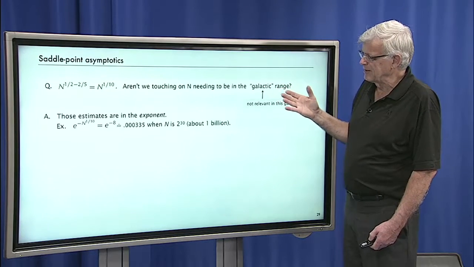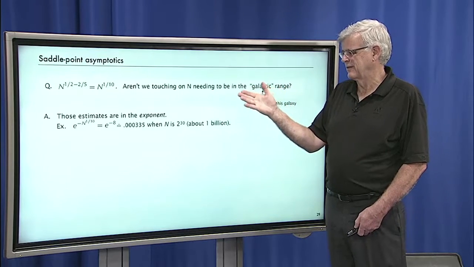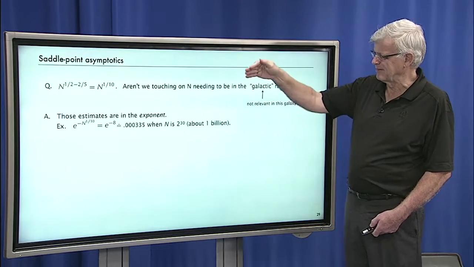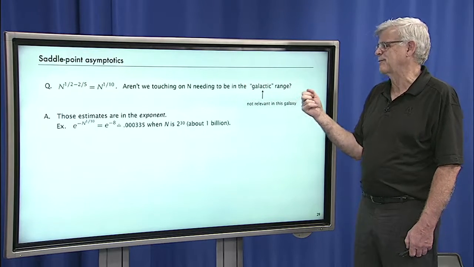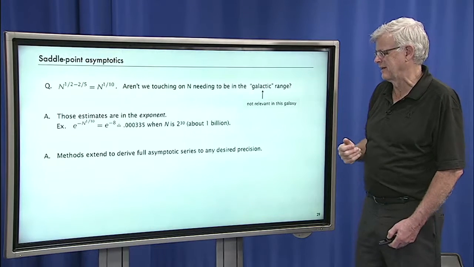Is that a problem here? Well, actually, it's not, because in these cases we're talking about estimates that are in the exponent. So if n is like 1 billion, these estimates are still something that we care about and are going to matter because it's in the exponent.